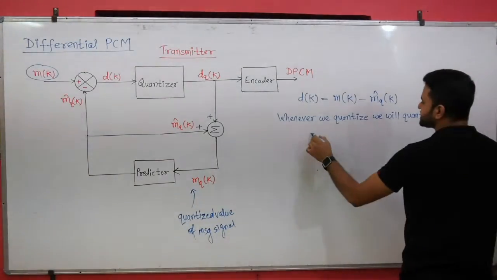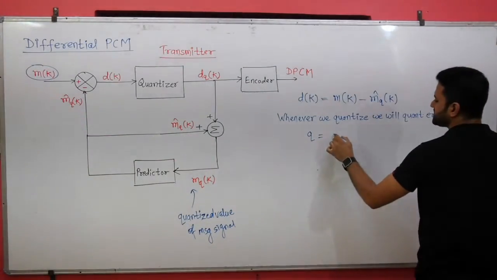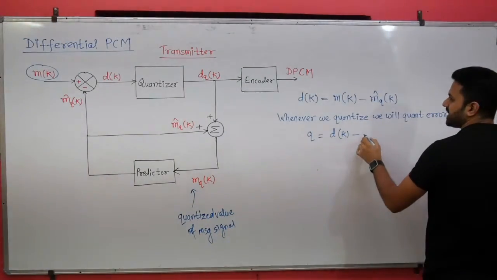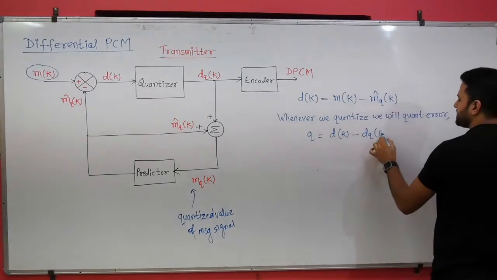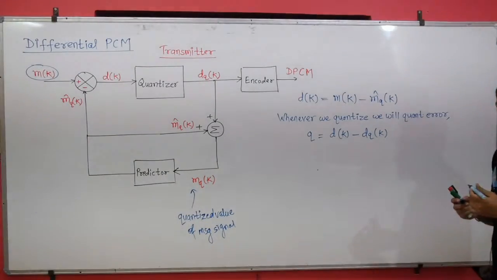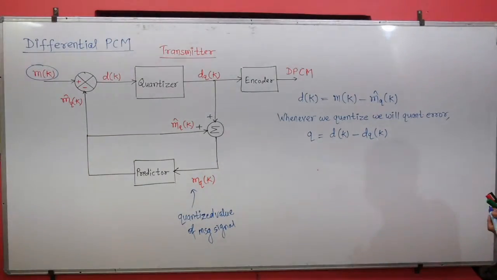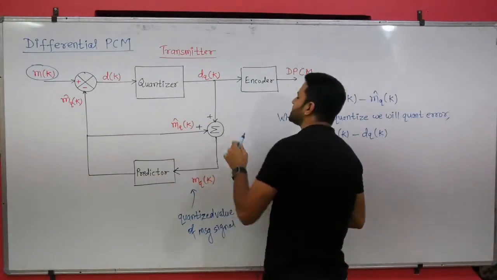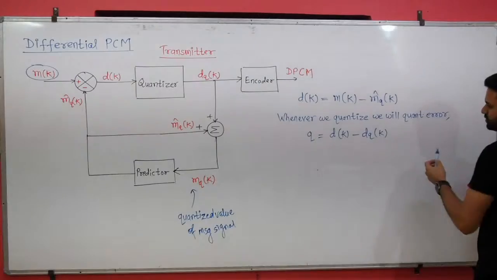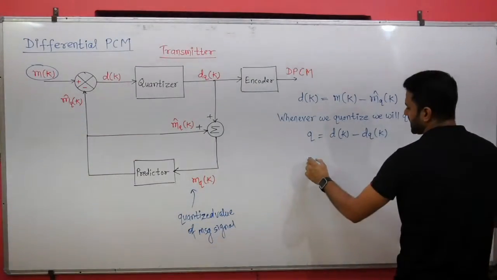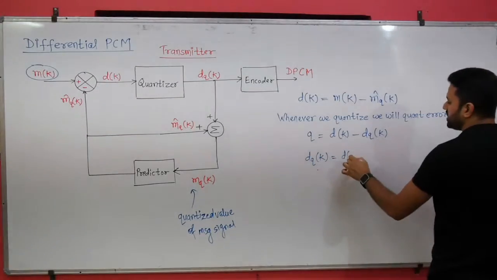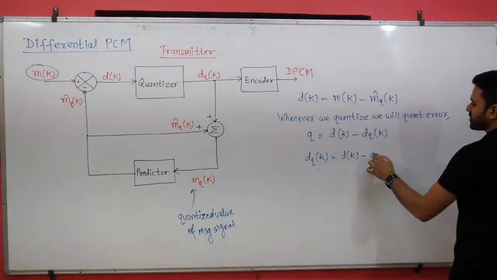That error is given by the difference between input and output. We know that the quantization error is nothing but the difference between input and output, where the input is DK and the output is DQK, so the quantization error is Q. Now we can also write DQK is equal to DK minus quantization error.